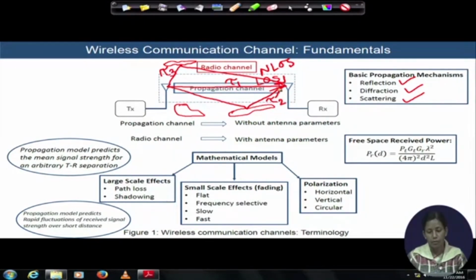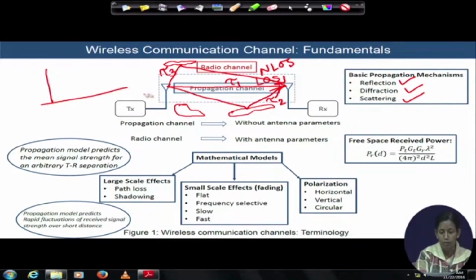And if I try to plot it, we try to see how the power is getting received here in the receiver front end. So, it is expected that after tau 1 I will receive one path, after tau 2 I will receive one path, after tau 3 I will receive another multiple path.